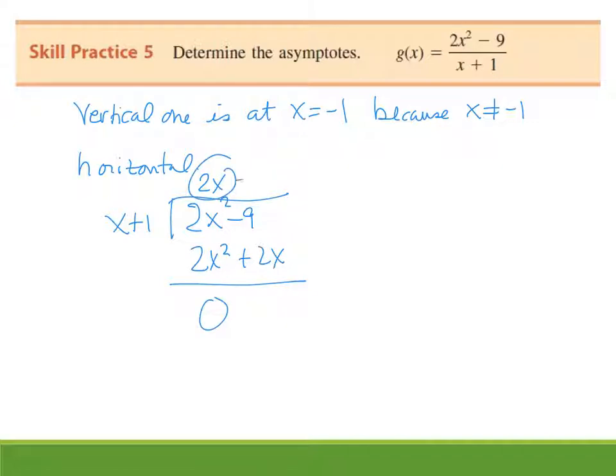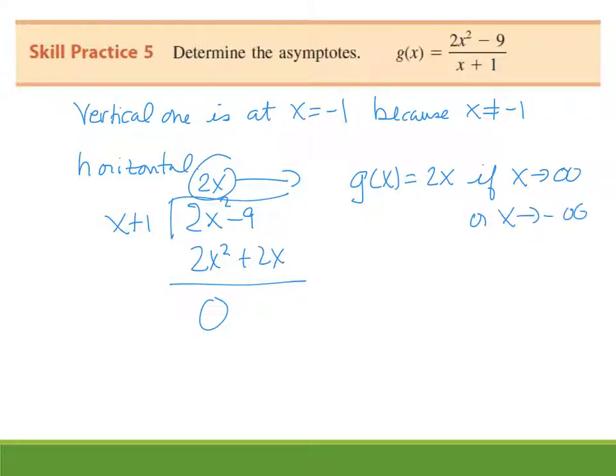We see that this now is g of x is equal to 2x if x approaches a very large number, or x approaches negative infinity.